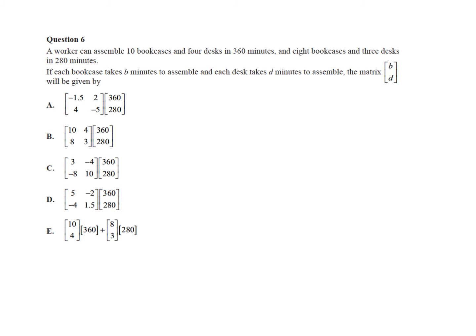So B and D are our unknowns. This is the first simultaneous equation said in words there. So I could write 10B plus 4D equals 360, and then the next equation is 8 bookcases plus 3 desks equals 280.